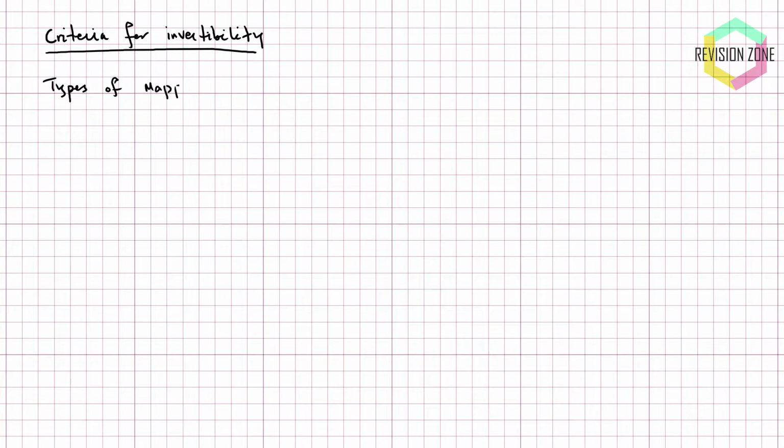So really what we're looking for is some criteria to determine if a function is an inverse function. So criteria for invertibility. Okay, so let's think about mappings for a moment. So let me say types of mappings, and you'll see why this is important because we know that mappings are basically real functions, and we've already categorized mappings into various categories, and they're as follows.